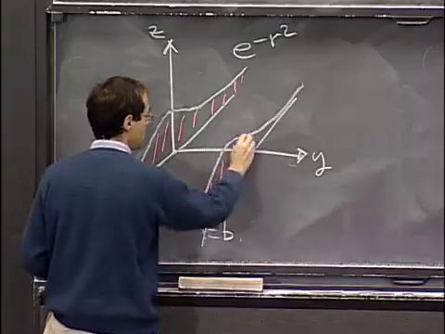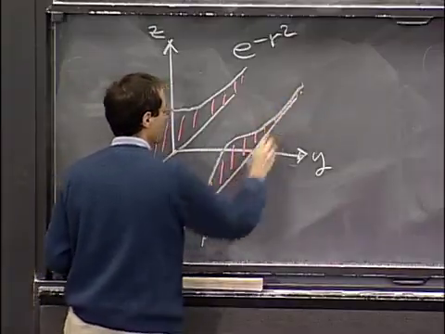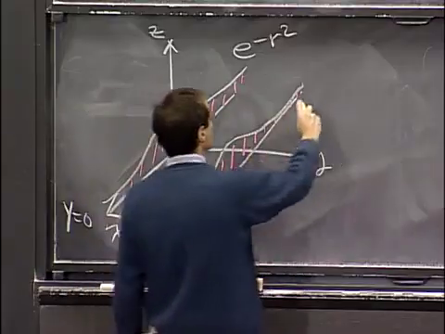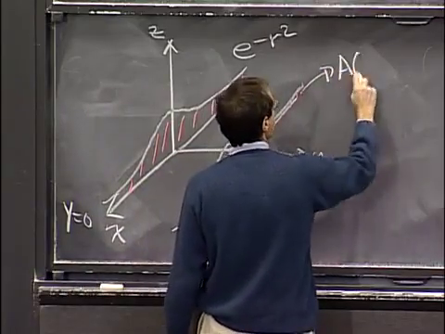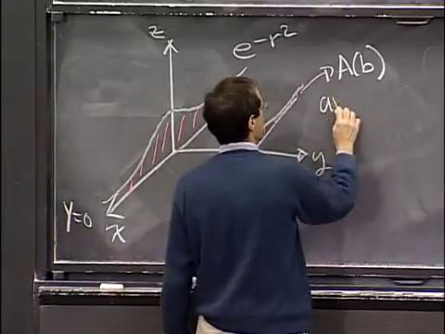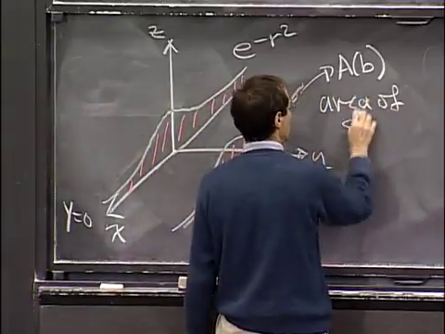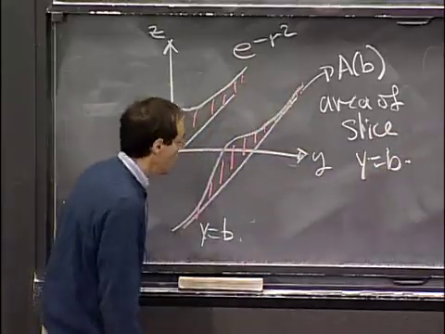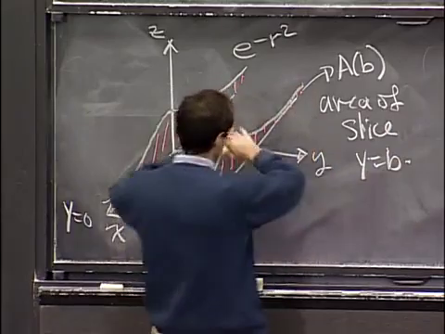So there's another slice here, like that. Now I want to give a name to these slices. I'm going to call this A of B. That is the area of the B slice, under the curve, under the surface.